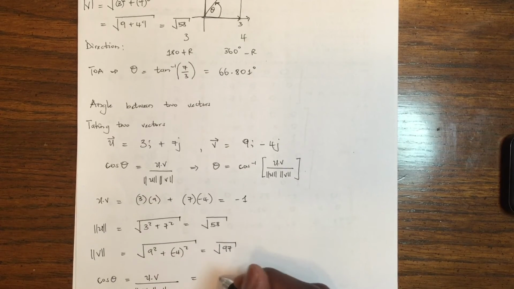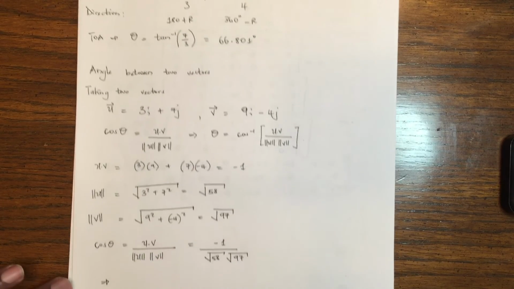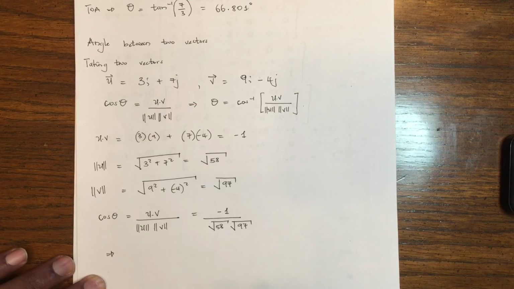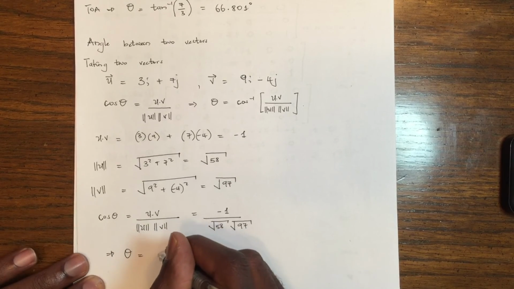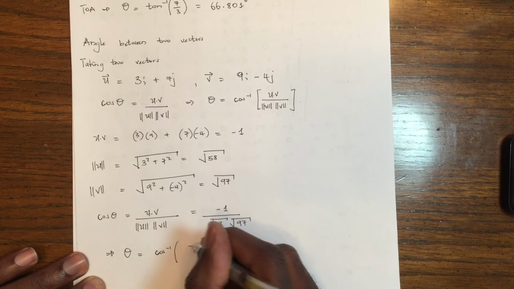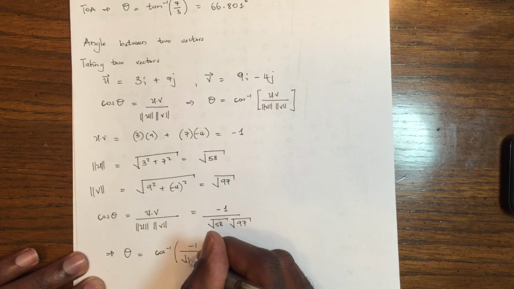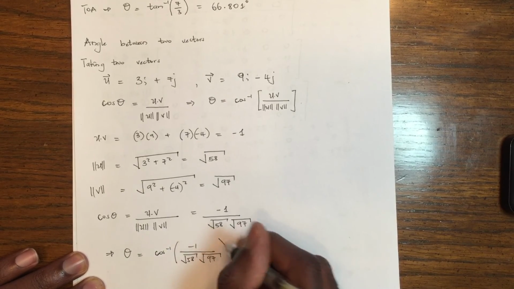this will now equal -1 divided by the square root of 58 times the square root of 97. Which implies that theta will equal cosine inverse of -1 over the square root of 58 times 97.